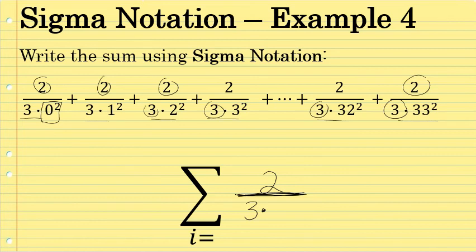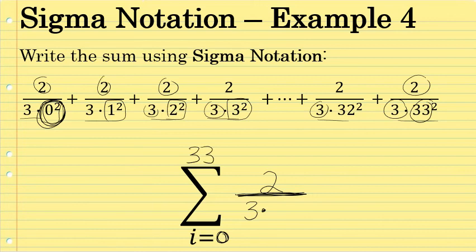The second factor in the denominator of each term does change. The first term has a 0 to the second power, then a 1, then a 2, then a 3. This sum begins at 0, with this factor in the denominator being 0, and works its way up by 1 to 33. The lower bound of this summation is 0. The upper bound of the summation is 33.